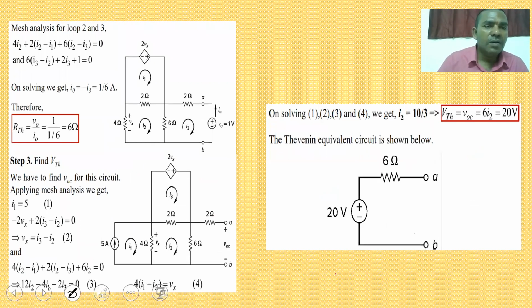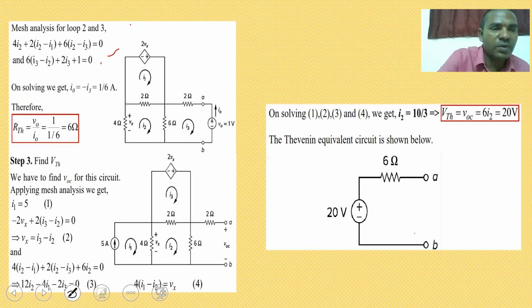So now using the second loop and third loop. What is your second loop? Minus 4 times I2 plus 2 times (I2 minus I1) plus 6 times (I2 minus I3) is equal to 0. And your third loop is 6 times (I3 minus I2) plus 2 times I3 plus 1 is equal to 0.